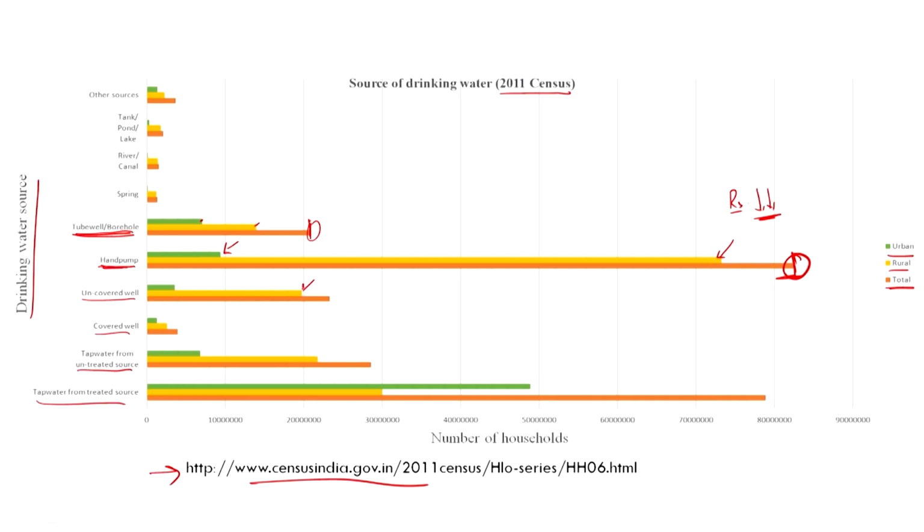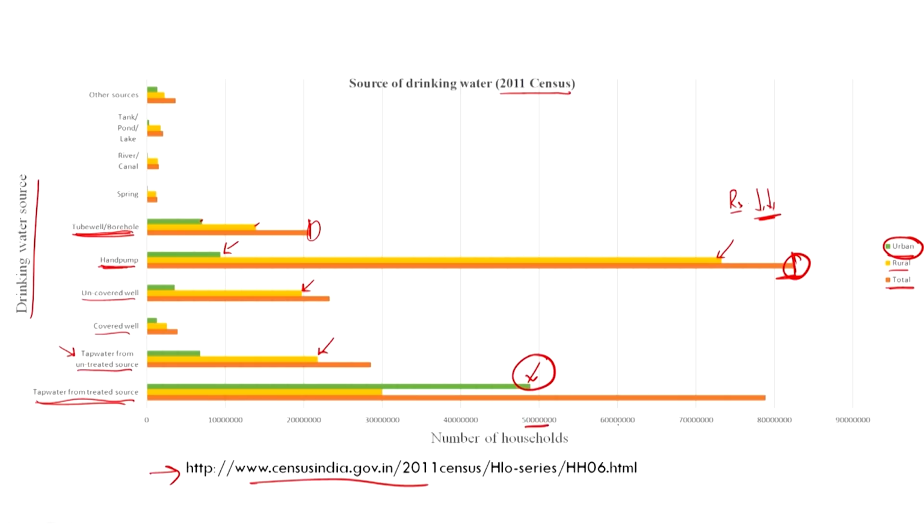Uncovered wells, again emphasis on usage in rural areas, and tap water from untreated source, keep in mind, from untreated source, again in rural areas, right. But with respect to tap water from treated source, obviously it is overwhelmingly the urban population, right.